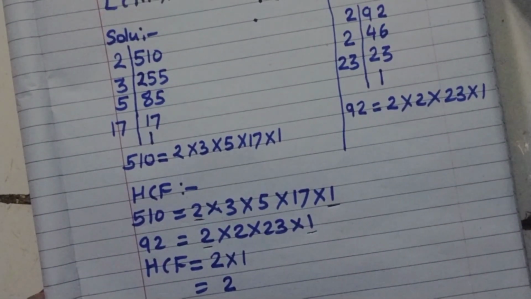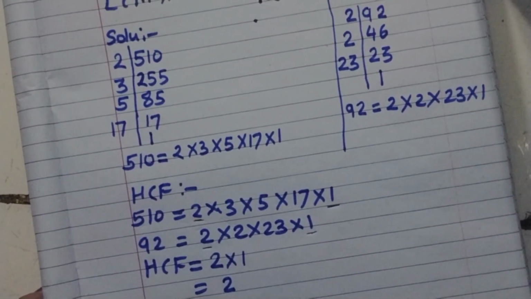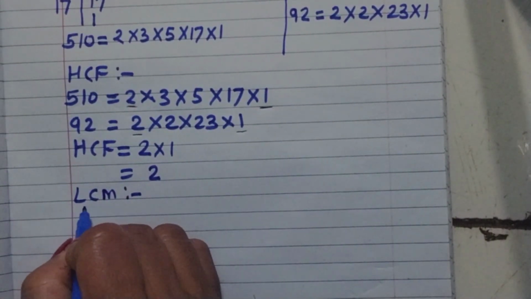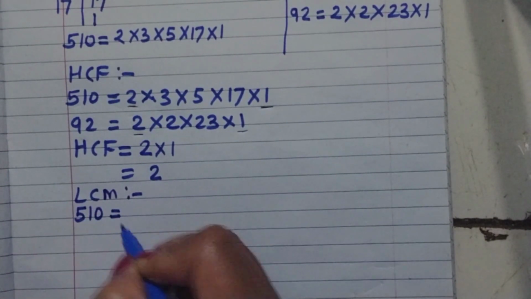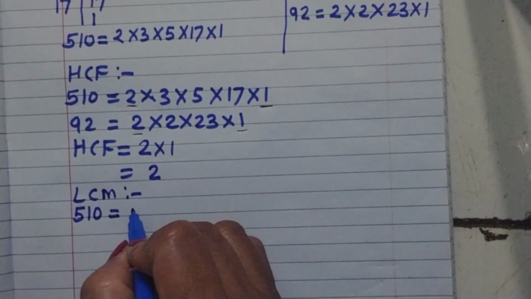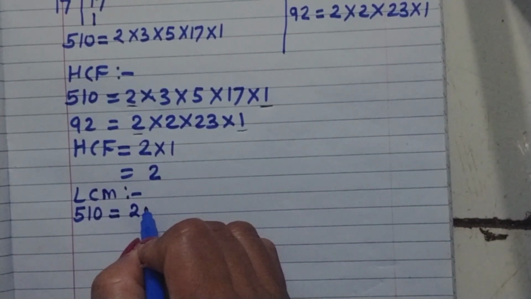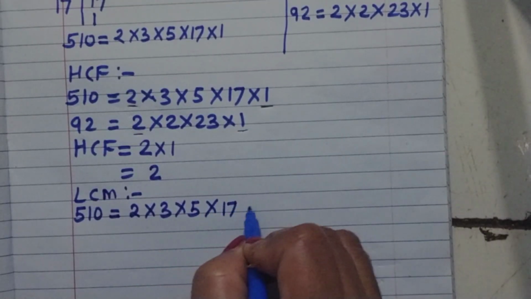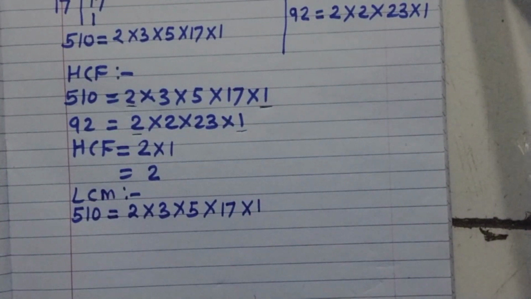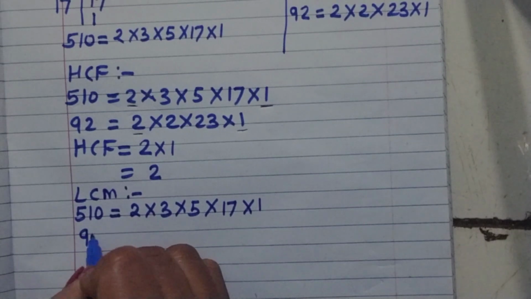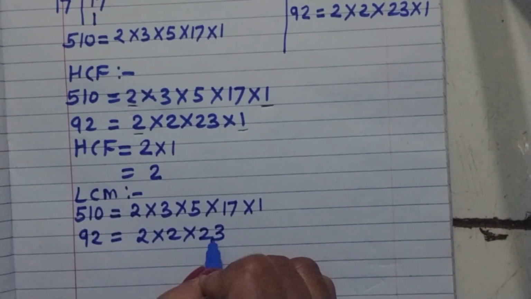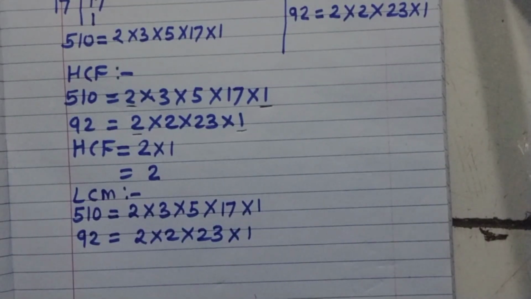Now we find LCM. So to find LCM, again we write 510 as a product of its prime factors. So 510 is equal to 2 multiplied by 3 multiplied by 5 multiplied by 17 multiplied by 1. Now 92 is equal to 2 multiplied by 2 multiplied by 23 multiplied by 1.